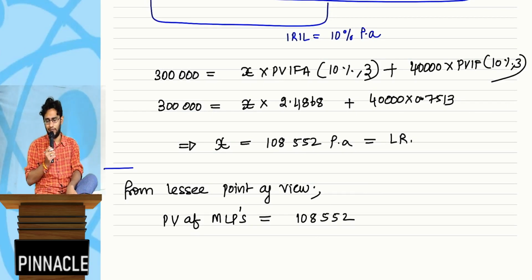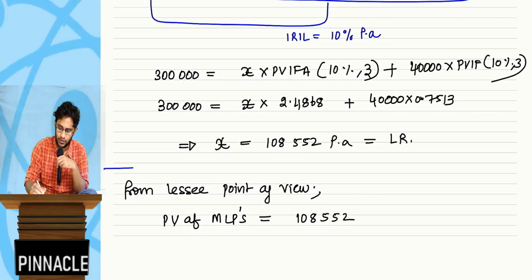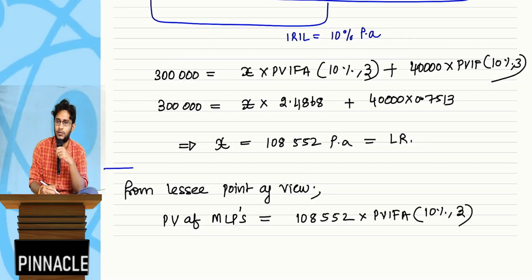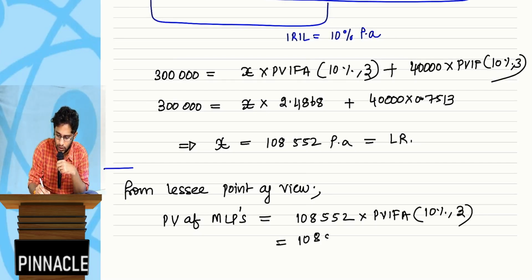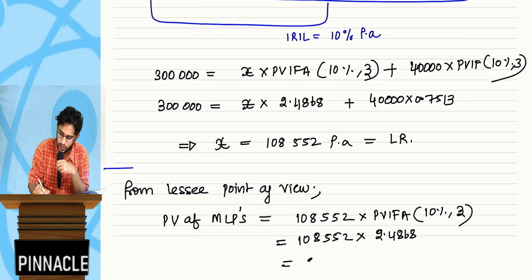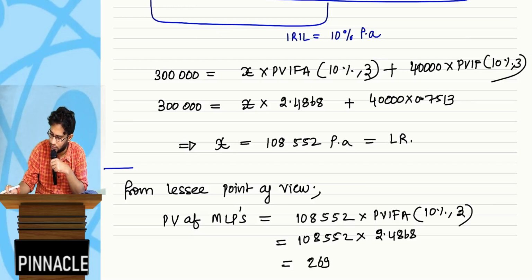Lessor's own feeling is 40,000 or something. So can I do this, sir, here? Because every year I have to pay 108,552 like that for 3 years. So 108,552 into 2.4868 is coming to 269,947 rupees.